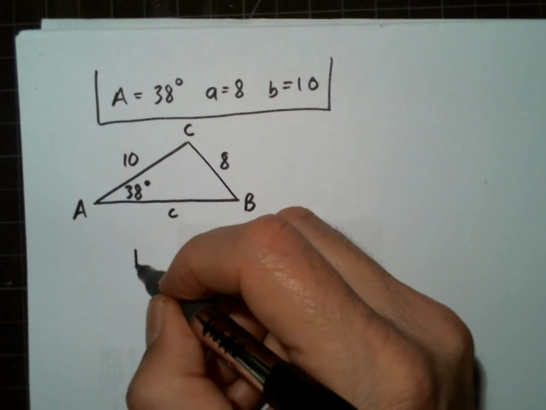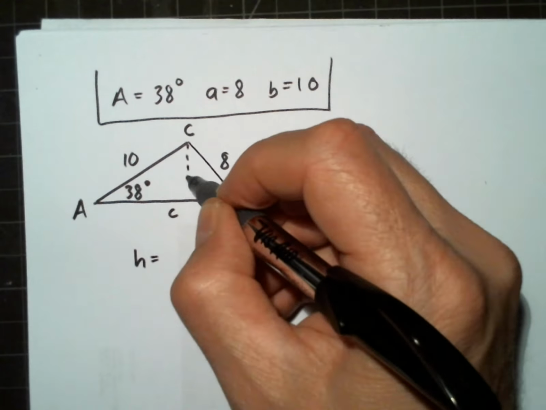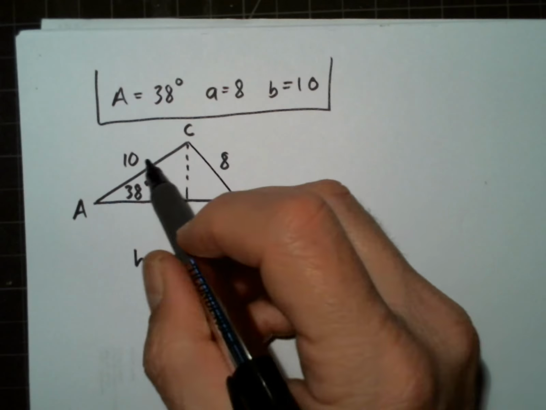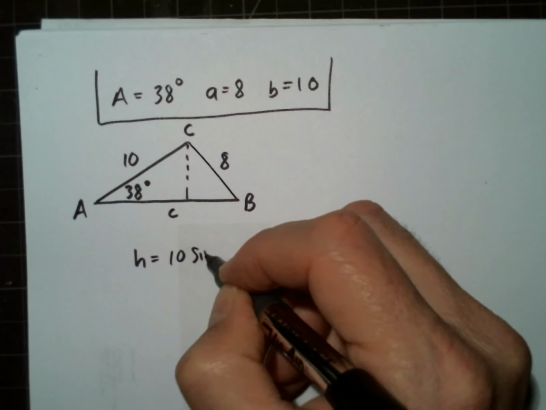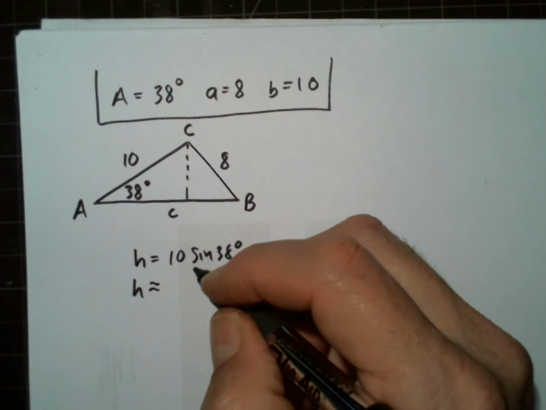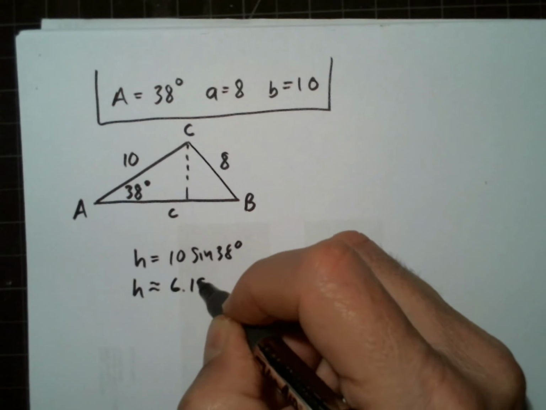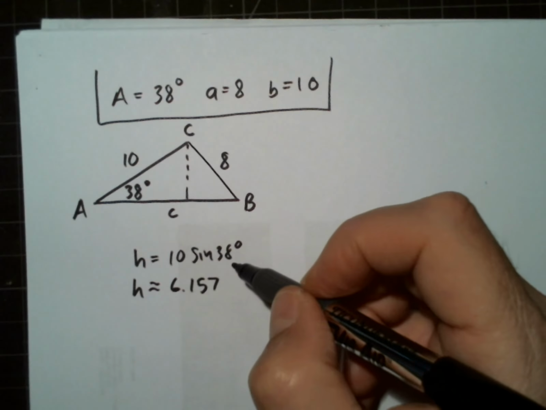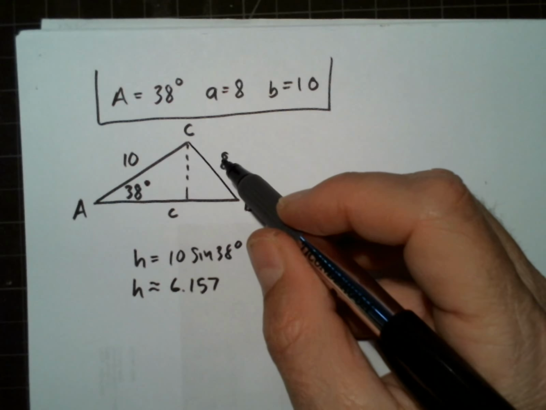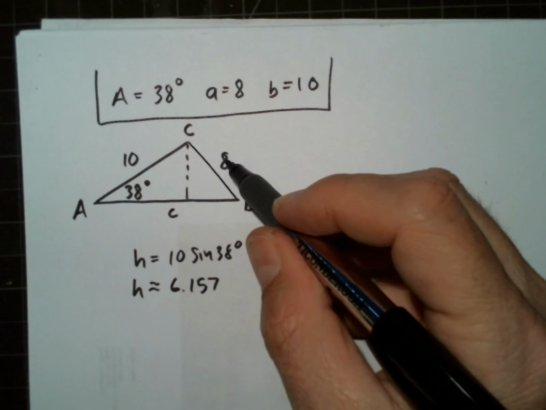The height is: sine 38 equals h over 10, so that's 10 sine 38. And the height is 6.157. The opposite is greater than the height, so that means we do have a triangle.